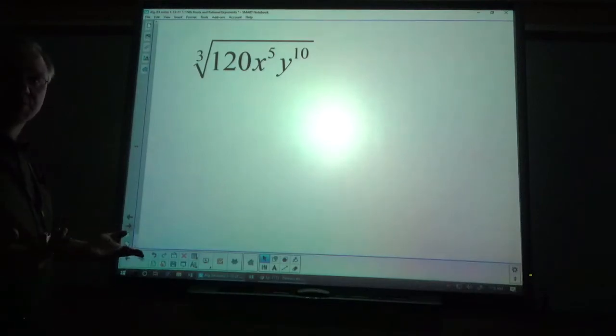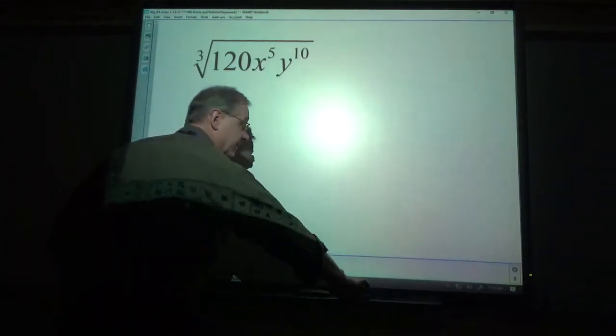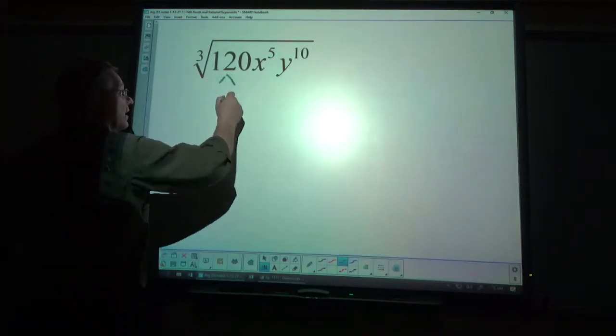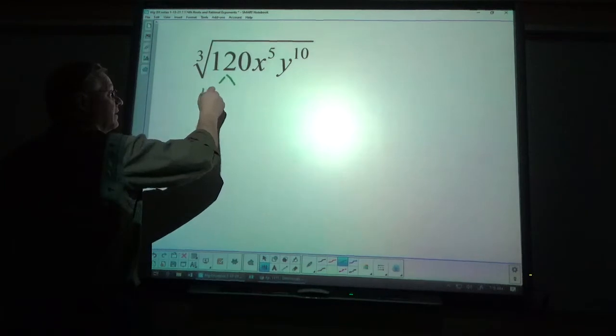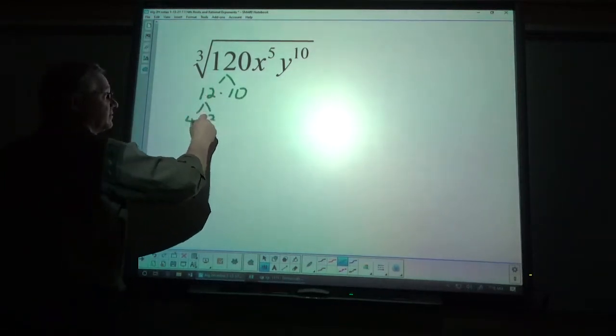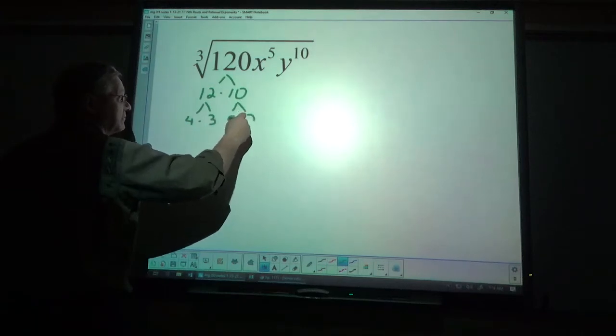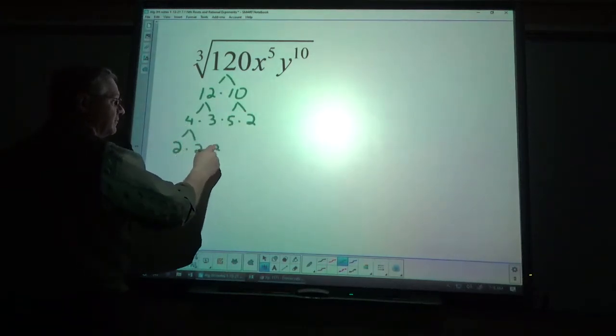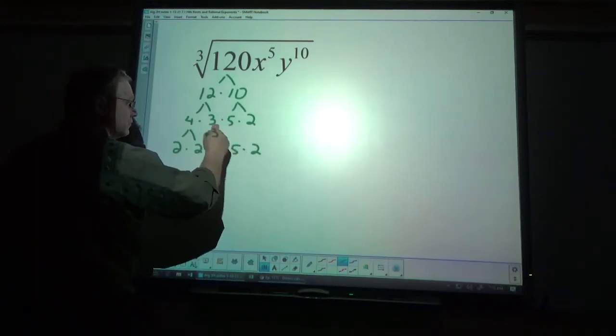This combines both together. This happens to be a cube root, so I need 3 to pull one out. I can break 120 apart into 12 times 10, 4 times 3, 5 times 2, 2 times 2 times 3 times 5 times 2.